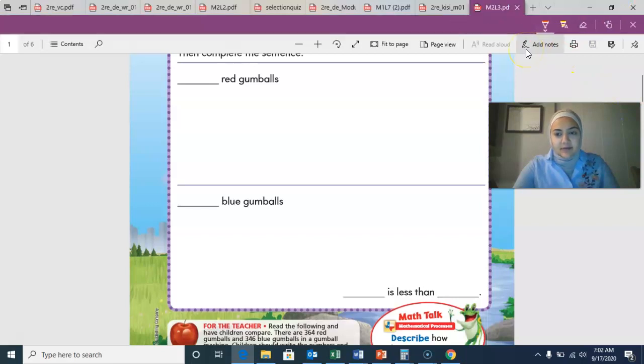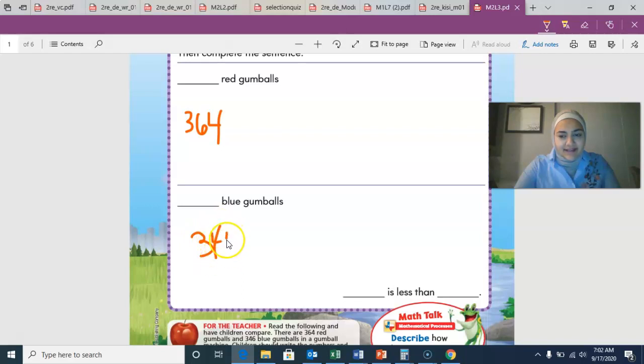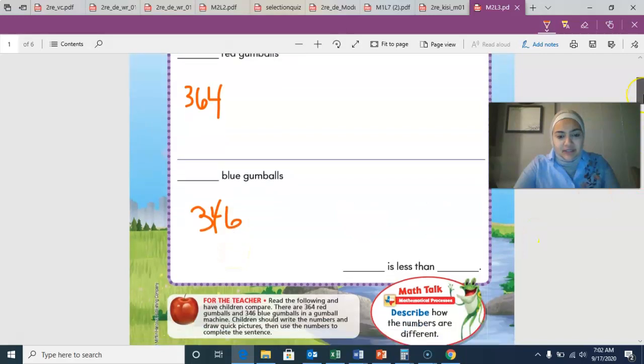Grab a pencil. There are 364 red gumballs, and 346 blue gumballs in a gumball machine.